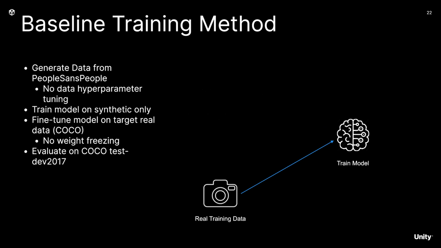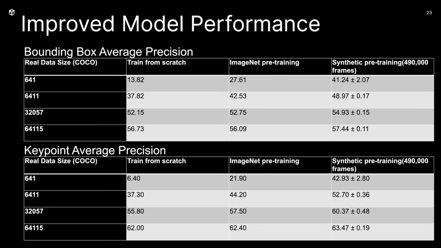There's no weight freezing. We just let all the layers train. And then we evaluate all the results on the COCO test-dev 2017 dataset. So we're using a basic pre-training fine-tuning scheme to baseline the performance here. In general, we used almost 500,000 synthetic images for pre-training.